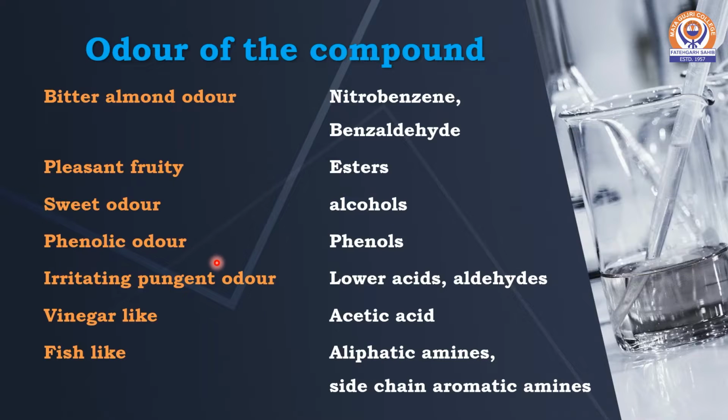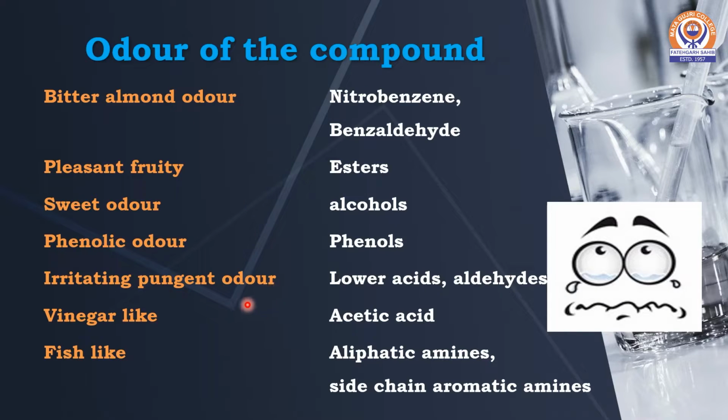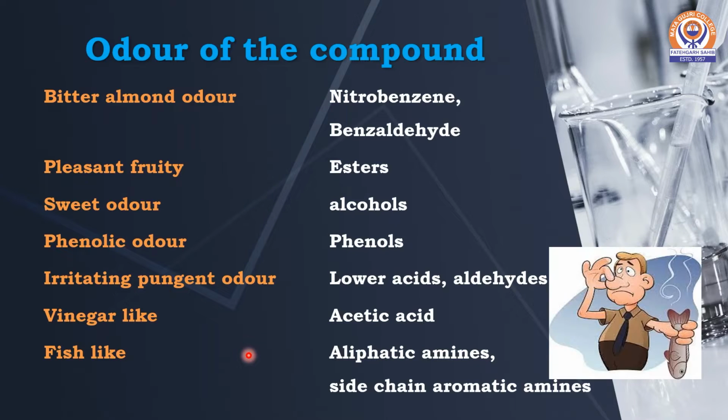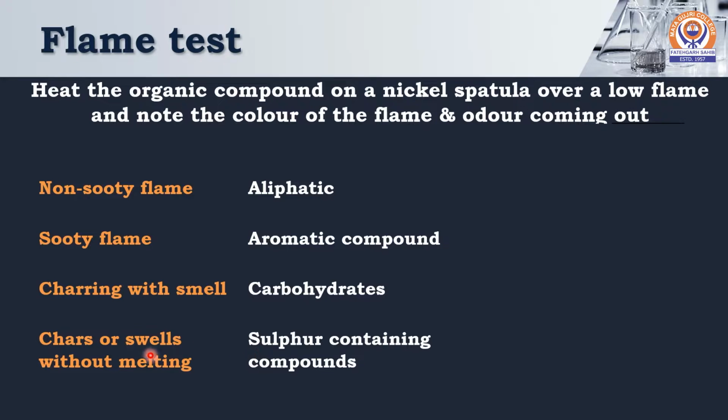And lower acids and aldehydes give an irritating pungent odor. It brings tears to our eyes also. Then we have a vinegar-like smell, that is because of acetic acid. And a fish-like smell is of aliphatic amines or aromatic amines. So odor will also help us to detect.